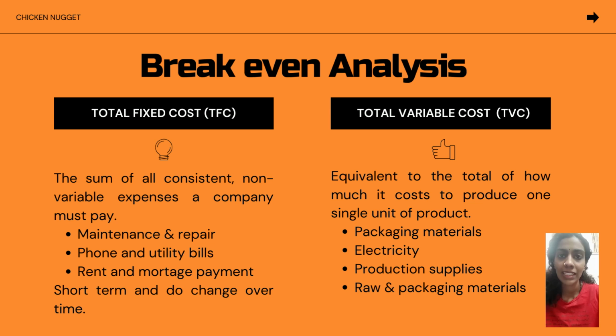For example, maintenance and repair, phone and utility bills, and also rent and mortgage payment, which are in the short term and do change over time. And total variable cost, which is TVC, shows the total of how much it costs to produce one single unit of a product in the company itself. For example, the packaging materials, the electricity, the production supplies, and also raw and packaging materials.